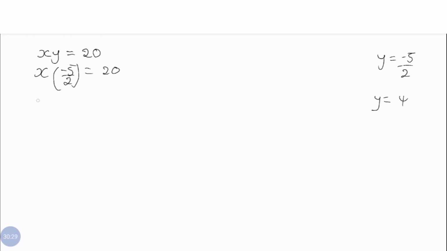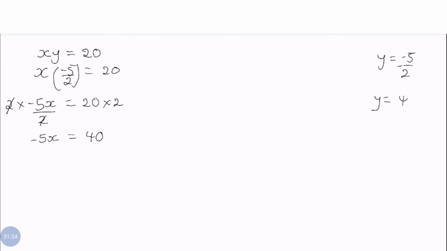So that means when we multiply x in this fraction, we will have -5x/2 equal to 20. So in order to get rid of this fraction, we have to multiply by 2 on the left hand side and multiply by 2 on the right hand side. So this will cancel this, such that we will have -5x equal to 20 times 2 is equal to 40.